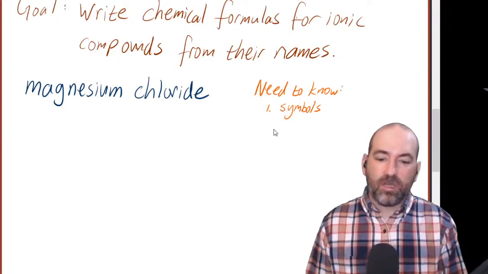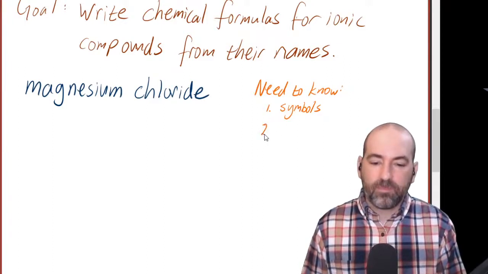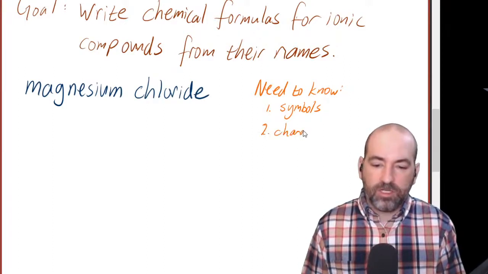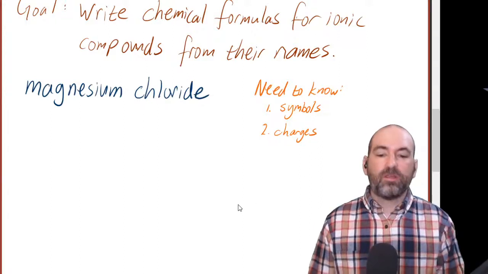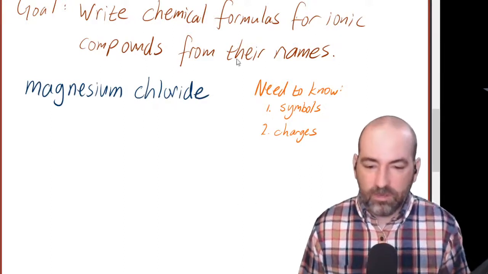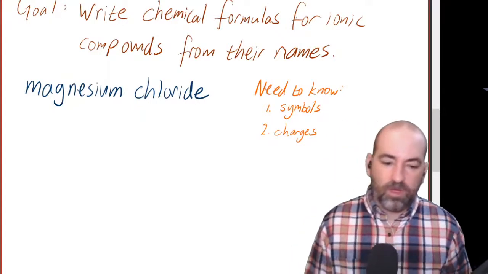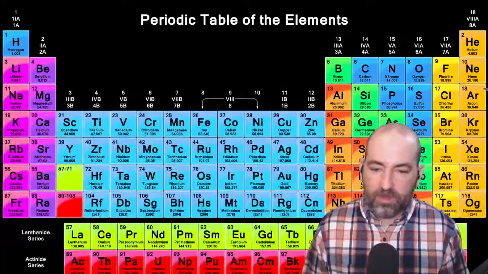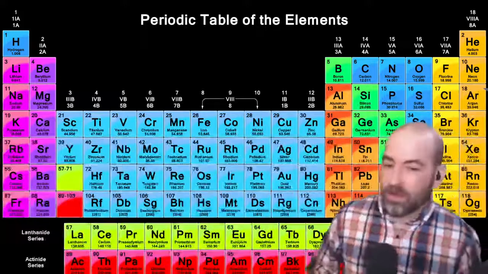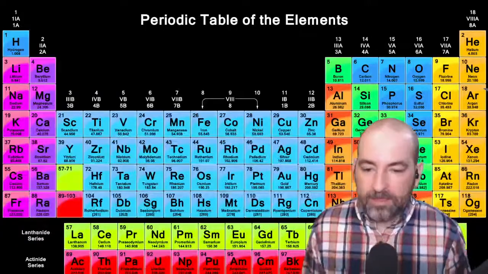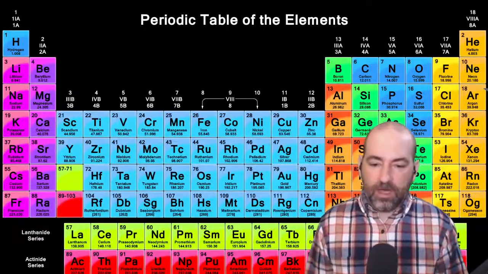That's easy. We just look it up on the periodic table. And the charges can be a little bit more tricky depending on what we're doing. So let's take this step by step here. First, the symbols. We look up magnesium on the periodic table, and we find that it is right over there, number 12, and its symbol is Mg, so that's not too bad.